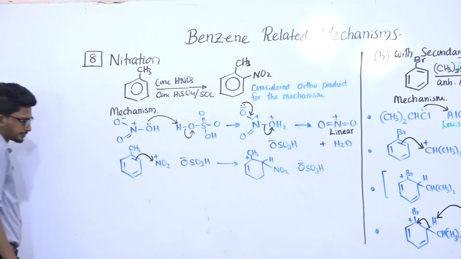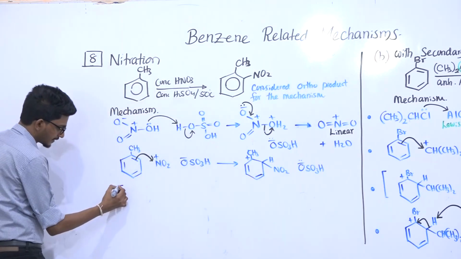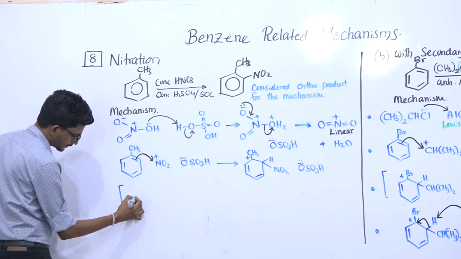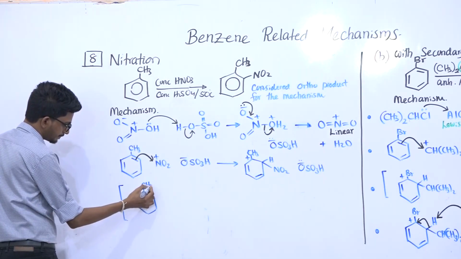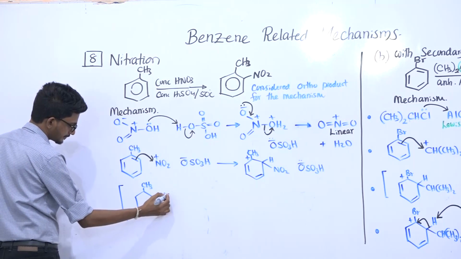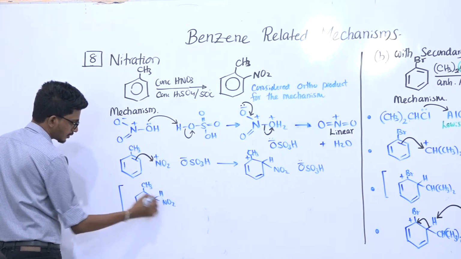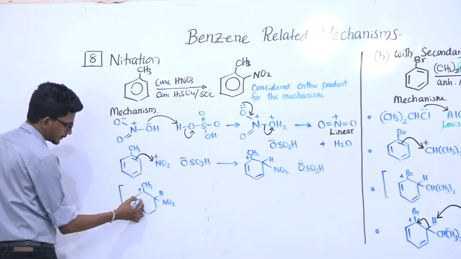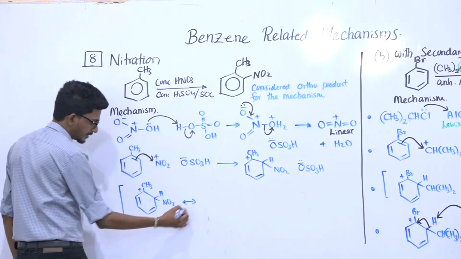Then you have this one. Then the resonance stabilization of the arenium ion. Hydrogen NO2 plus, NO2 there. Just write the same thing, and do the resonance stabilization. Draw the resonance stabilization.